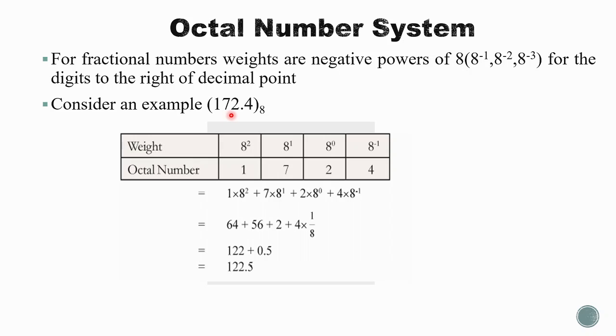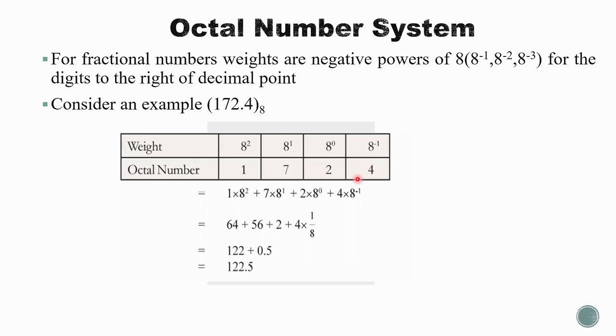An octal number contains combinations of 0 to 7. We cannot use an 8 or a 9 in this octal number, because only 8 symbols are used in the octal system.